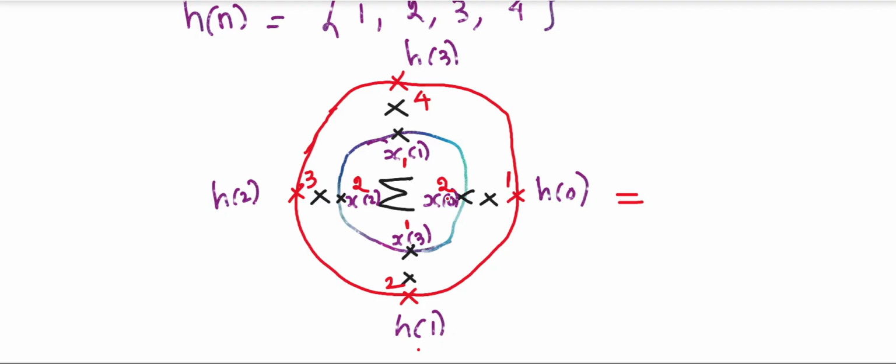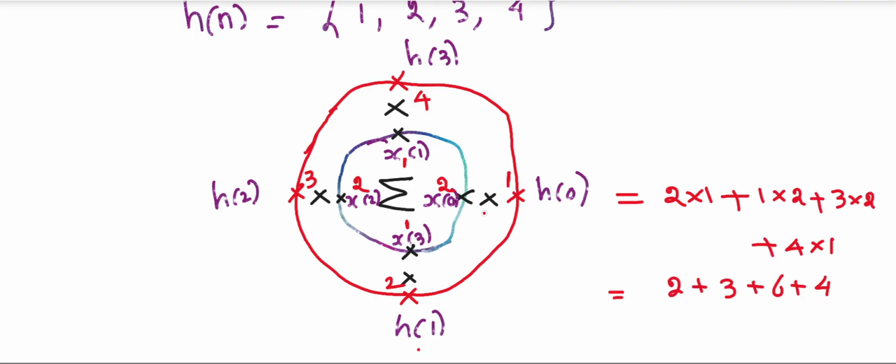Now you have to multiply the values sitting on the same angular position. So, 2 into 1 plus 1 into 2 plus 3 into 2 plus 4 into 1. Finally, 2 plus 3 plus 6 plus 4, which is equal to... not 3, this is 2.